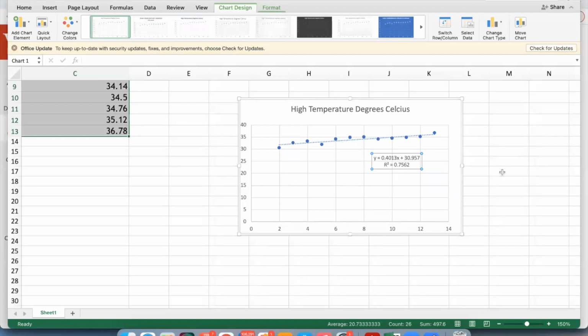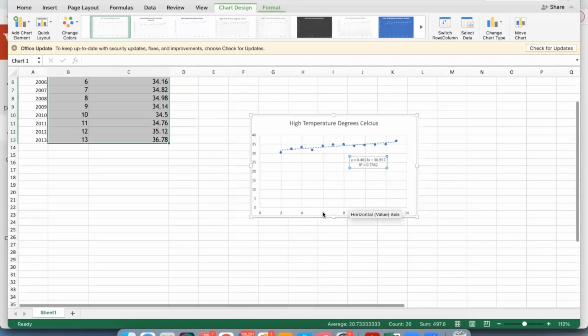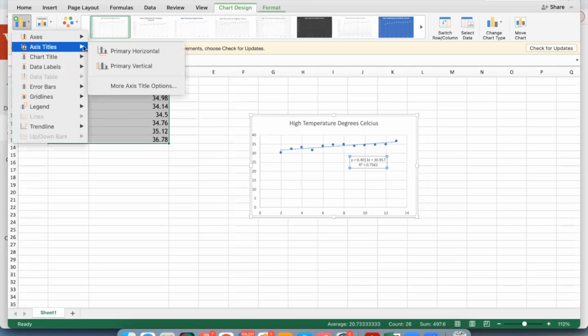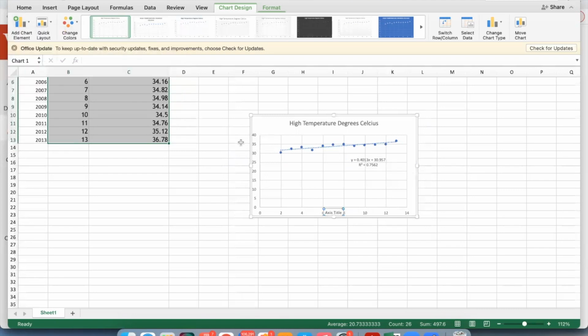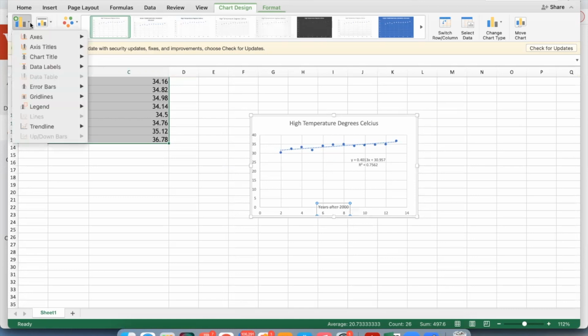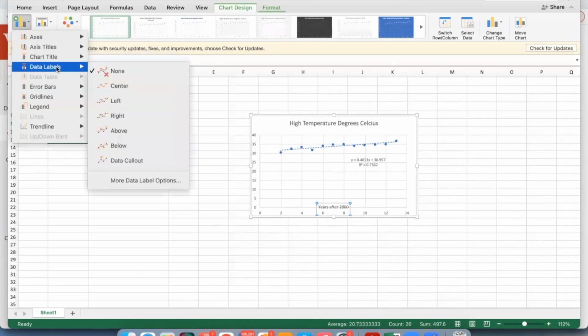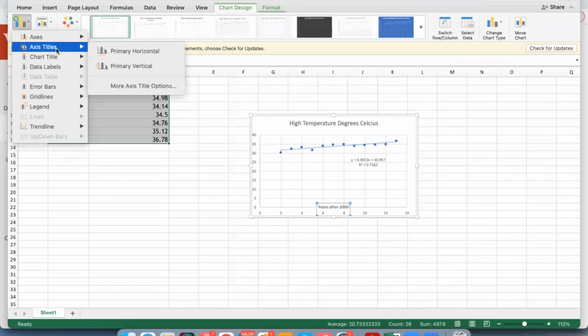Now I'm also, for completeness here, I'm going to go ahead and add on my labels. So add chart element, my axes, titles. So my horizontal axis was year after the year 2000. And then my vertical axis, axis title there.